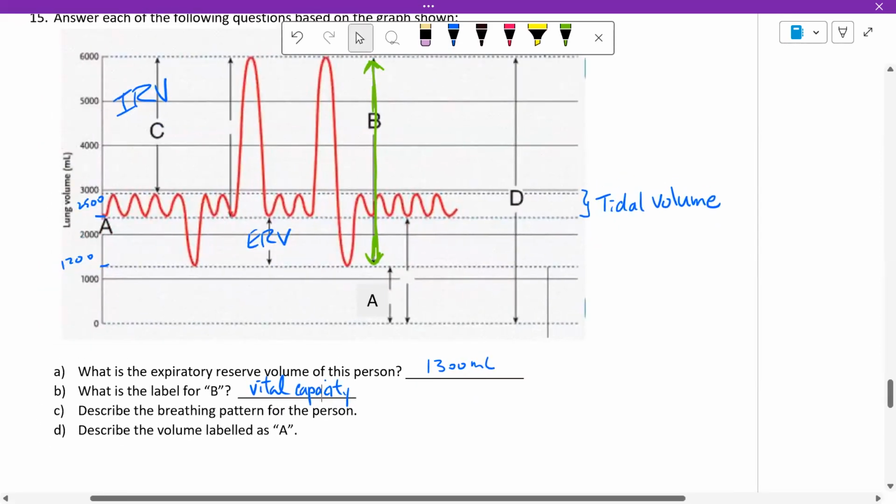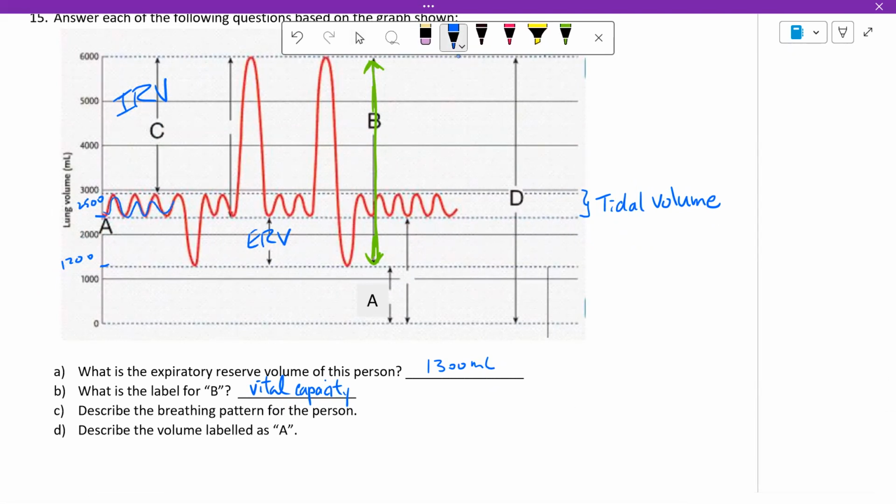Describe the breathing pattern for the person. So just regular breathing, and then breathe out as much as you can. Back to regular breathing and inhale as much as you can. And then breathe out again. And then regular breathing.